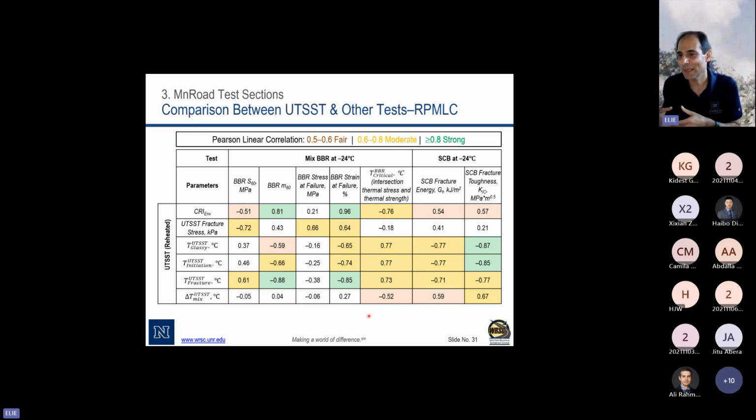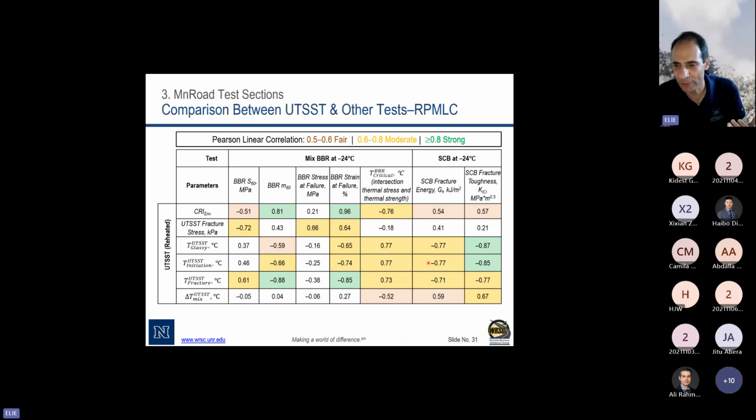The SCB is more about fracture and toughness. The color tells you the Pearson linear correlation between the different parameters. I want to emphasize that the test, especially the CRIE, has a good correlation with both the SCB and the mixed BBR.